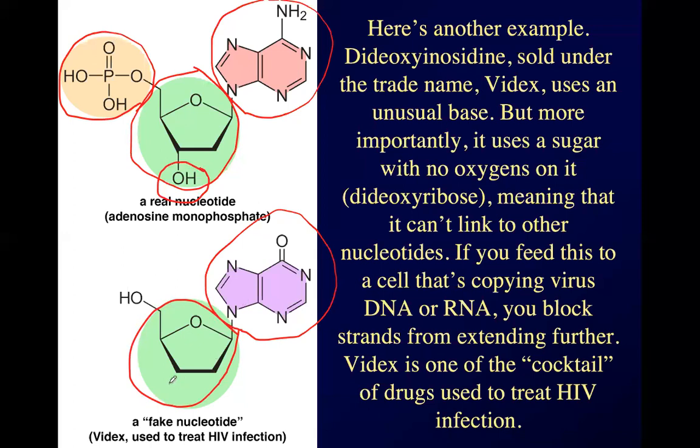And if it's missing right there, then a cell can't make DNA or RNA any farther. It shuts down DNA replication or RNA transcription. So if you feed this to a cell that's copying virus DNA or virus RNA, you block those strands from extending any farther. And Videx is one of the cocktails of drugs that's used to treat HIV.